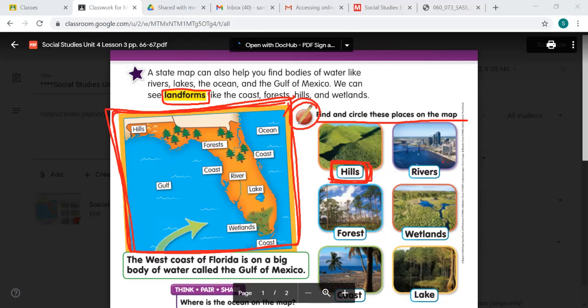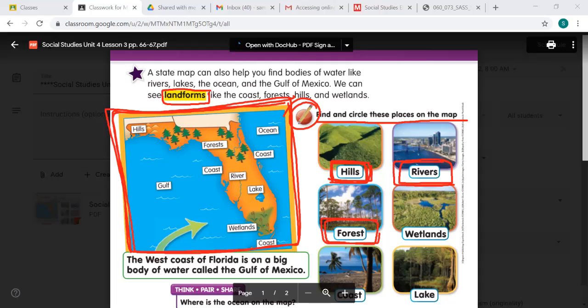All right, now I want you to find rivers. Rivers are a body of water. So look at the map and circle rivers. Look for it. All right, next one is forest.